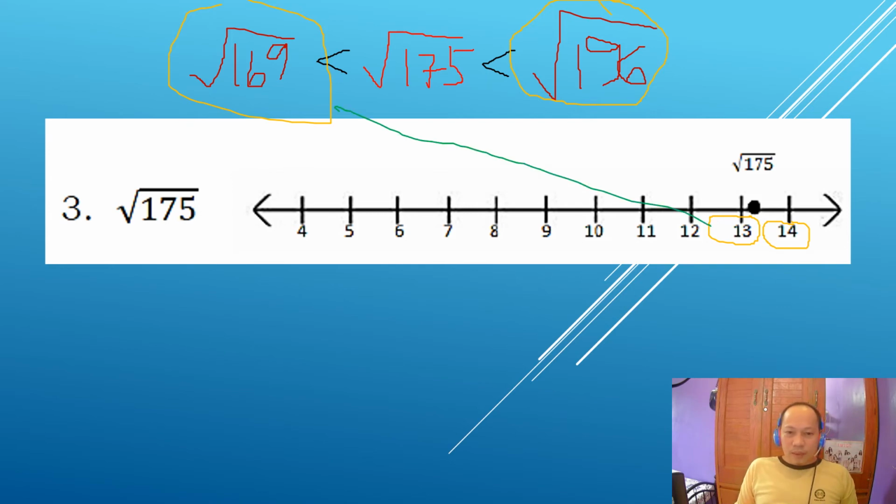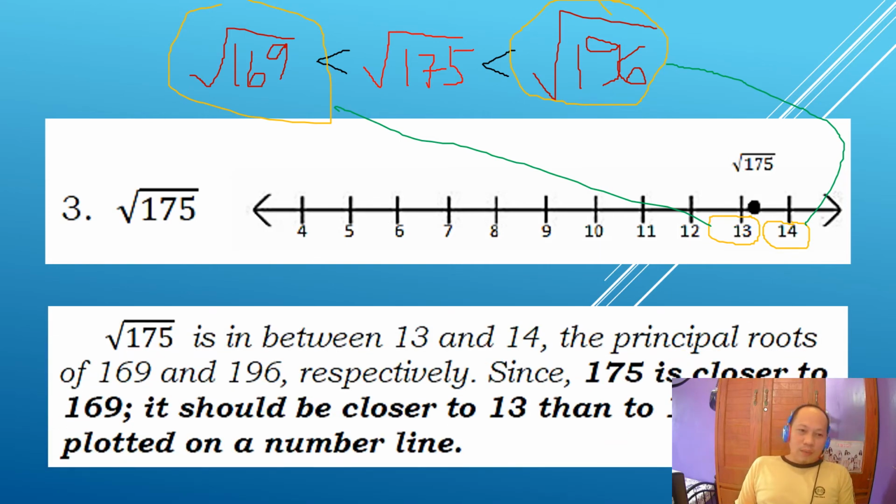Ito naman ang ating square root of 196. So kaya sabi rito, square root of 175 is in between 13 and 14. The principal roots of 169 and 196 respectively, since 175 is closer to 169, it should be closer to 13 than to 14 when plotted in a number line.